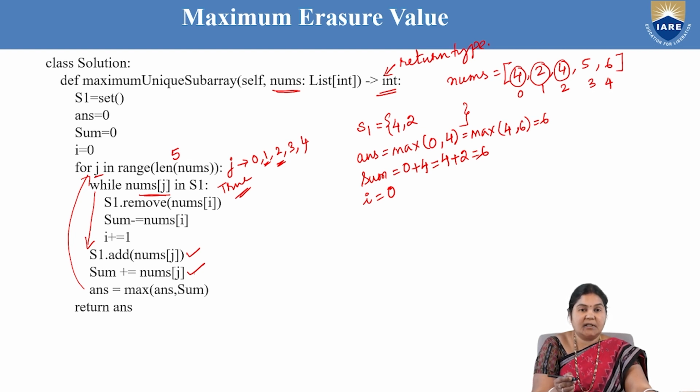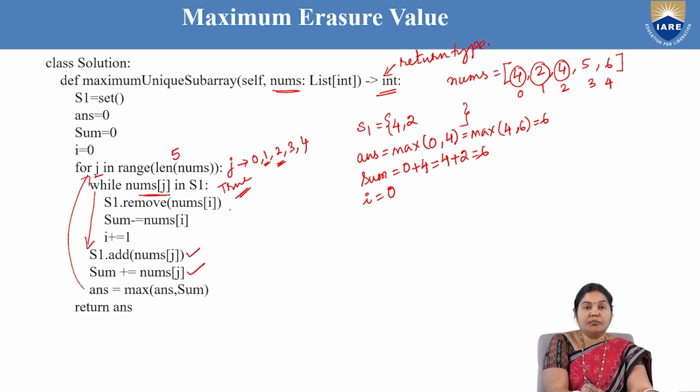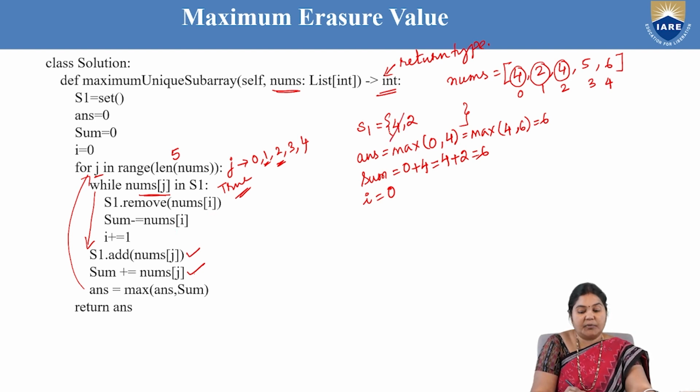If you want to insert the new 4, then you have to remove the previous one. So what we will do? We will do S1.remove of nums[i]. What is the value of i? i is equal to 0. So nums[0] is how much? 4. This 4 we are going to remove, and also remove it from the sum. So 6 minus 4 is 2.